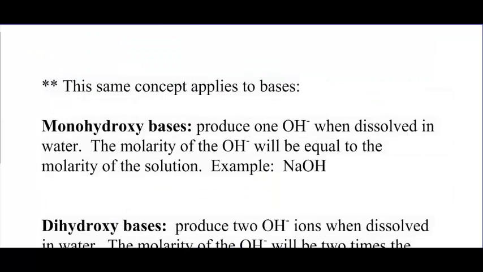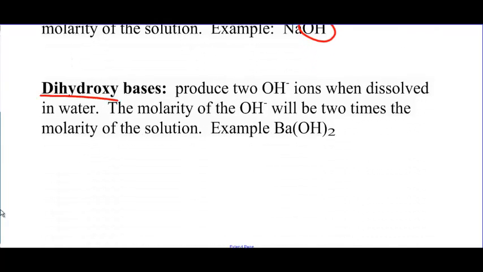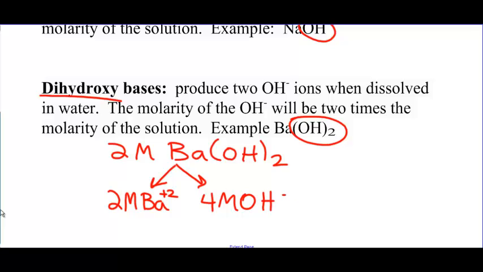We do the same thing with bases. You have monohydroxy bases, which have only 1 OH, and you have dihydroxy bases, which have 2 OHs. So if you had, say, 2 molar Ba(OH)2, that would actually generate 2 molar barium ions and 4 molar hydroxide ions.